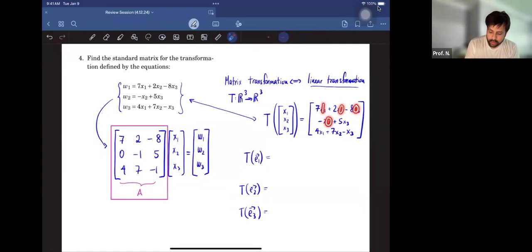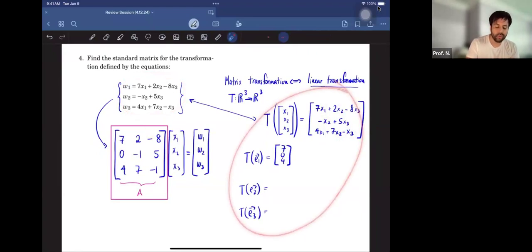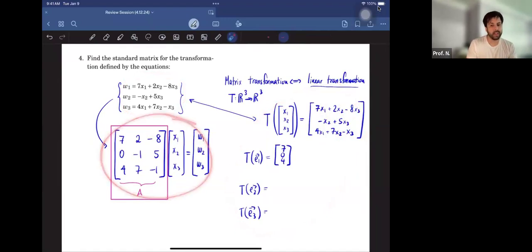And what do you get for the first column? 7, 0, 4. You get exactly what we got when we just rearranged it as a matrix equation. But I'm doing it this way so you know for a fact that what you just did in a shortened way is precisely what I'm looking for.